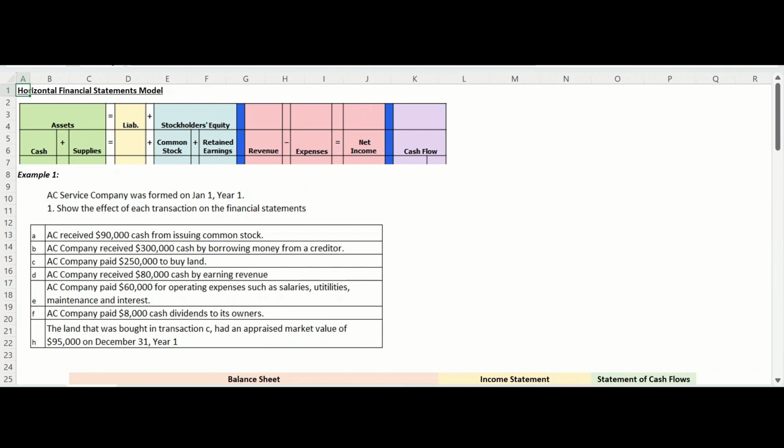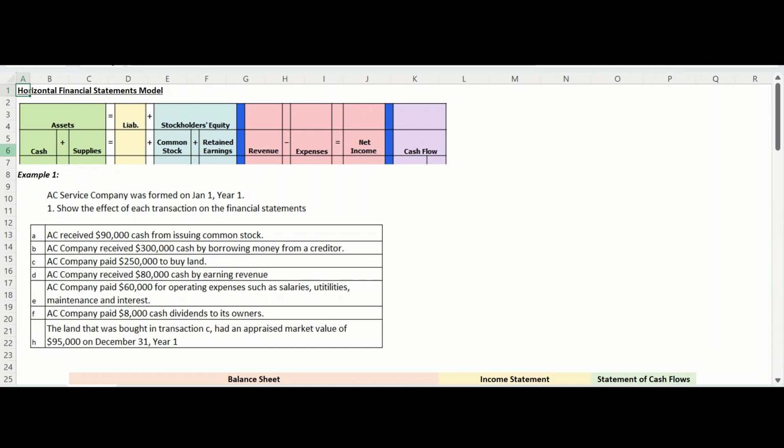And because this is an informal financial statement, we will be able to use abbreviations. So here you can see on the balance sheet, it says assets equals liabilities plus stockholders' equity, with abbreviations. As we learned in chapter 1, transactions are going to be recorded in different accounts.